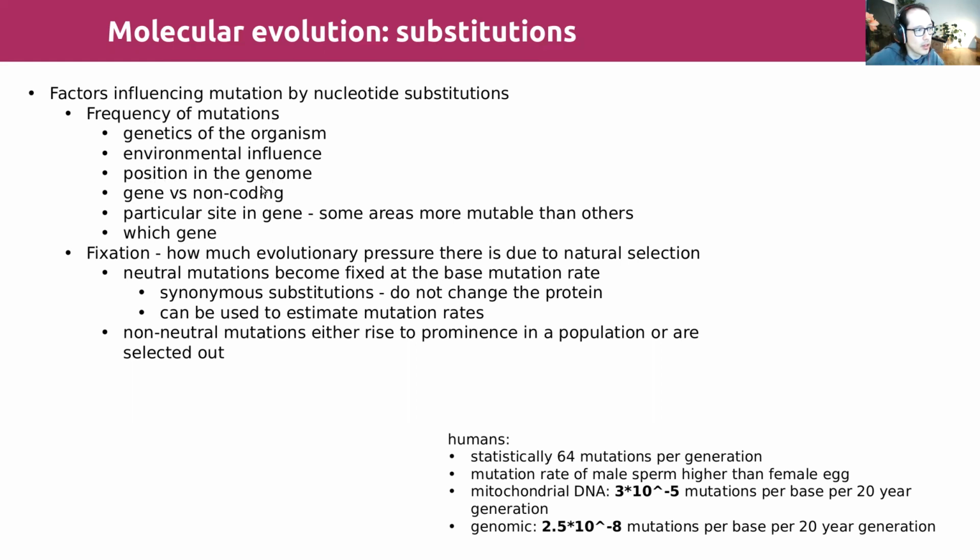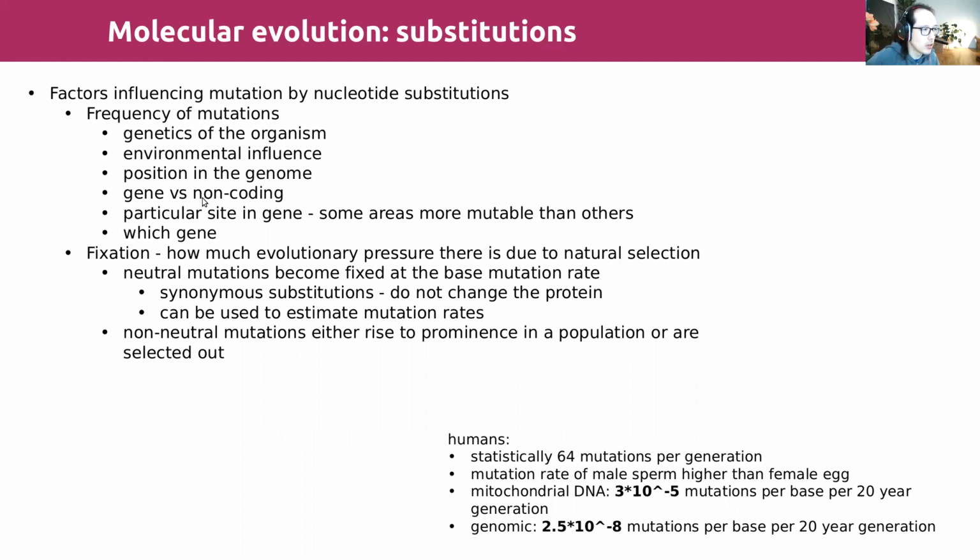Position in the genome can matter. Genes versus non-coding regions, right? This has a big impact on how deleterious, for example, a mutation might be if it affects the function of a gene versus perhaps a less important non-coding region. Or maybe some of these non-coding regions are important.